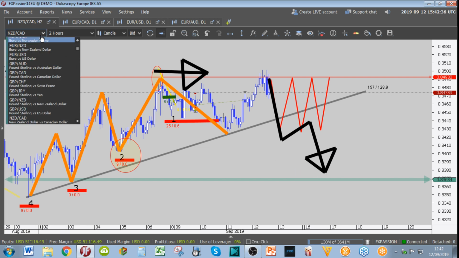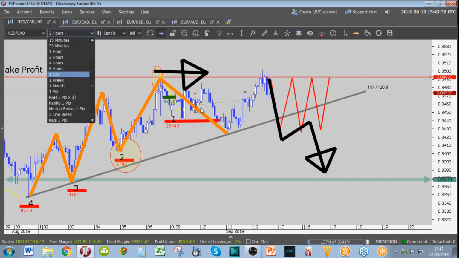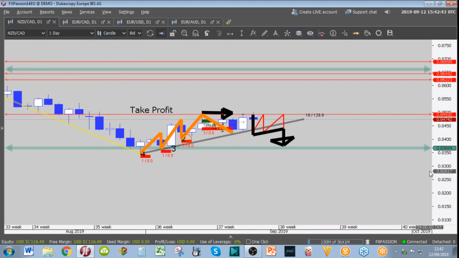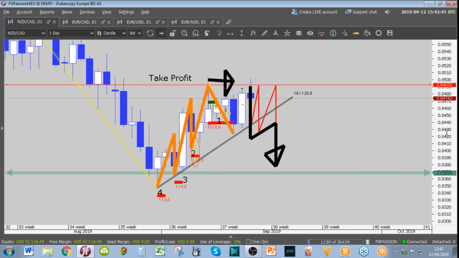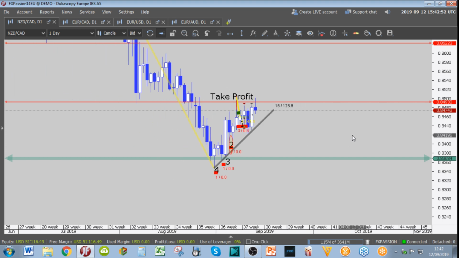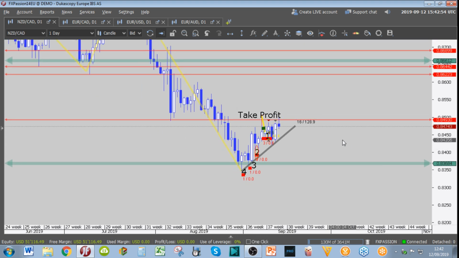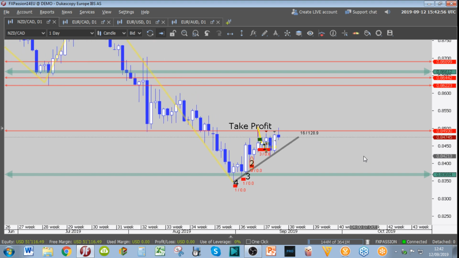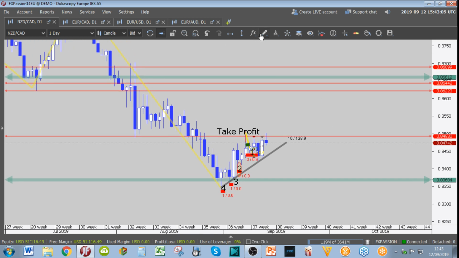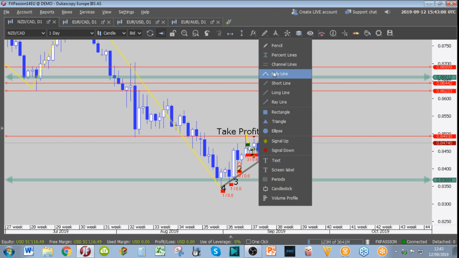From the daily standpoint, we are going to delete the arrow, delete this one. Right, from the daily, where are we? This is the daily chart. Now, we have 15 more minutes.